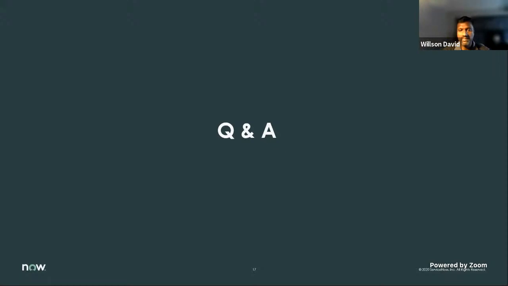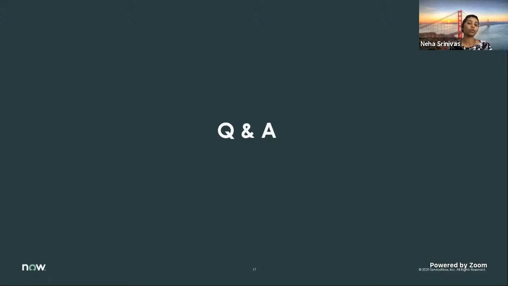Neha, do you want to add anything? I'm on the same page as Willson. So the idea was the scan task will be enabled on the sub-production instances. That's where you'll make all your changes. And then once those are good, you would propagate those to prod and you would close your scan task on your sub-prod. So that was the idea. We don't have a centralized system at this point in time.